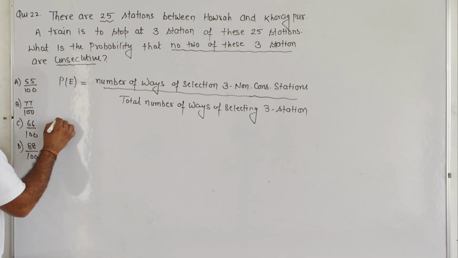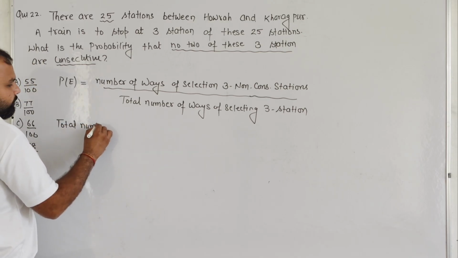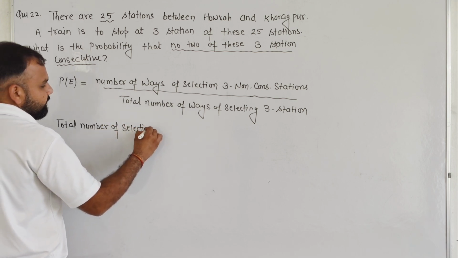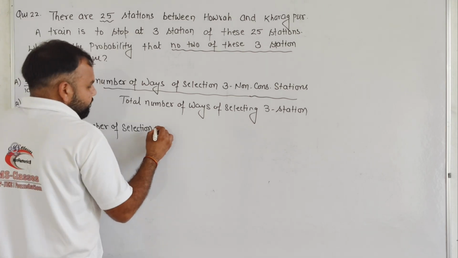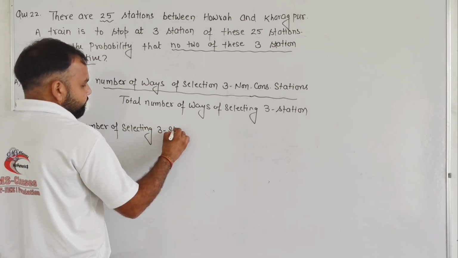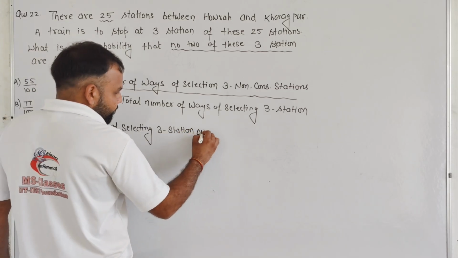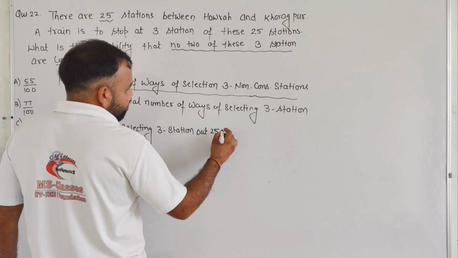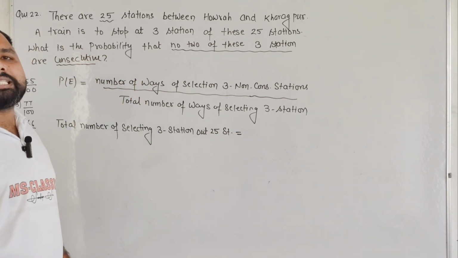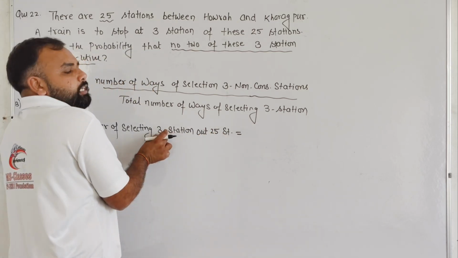So first of all, student, we need to calculate the total number of selections of three stations. It is out of 25 stations, so we can easily use the combination rule: out of 25 stations we need to select 3.